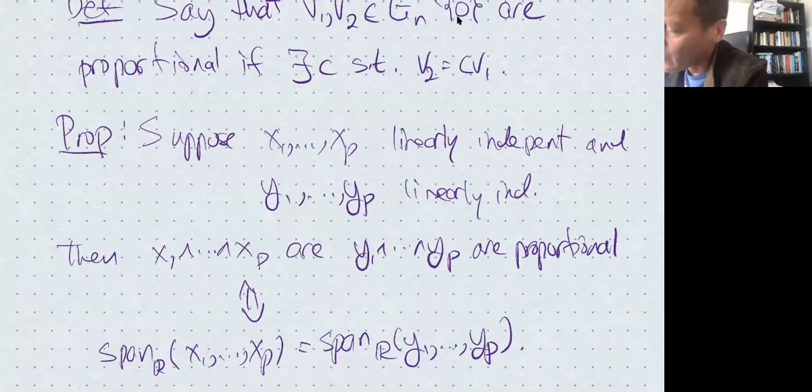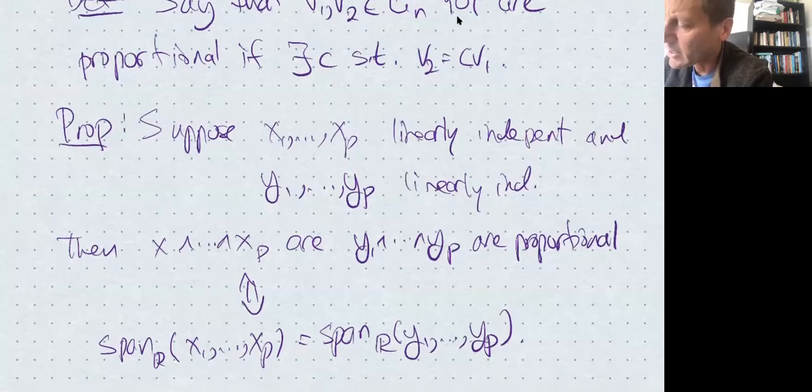So we're now assuming that x1 wedge up to xp and y1 wedge up to yp are proportional. And we already know from the previous corollary that they're non-zero. And so the proportionality constant is not zero.